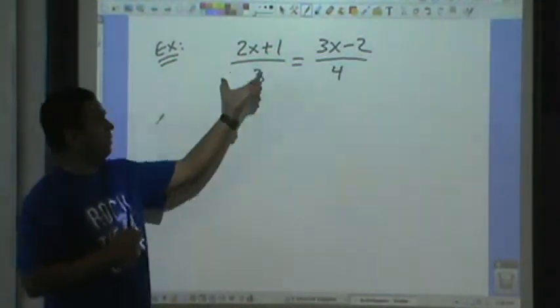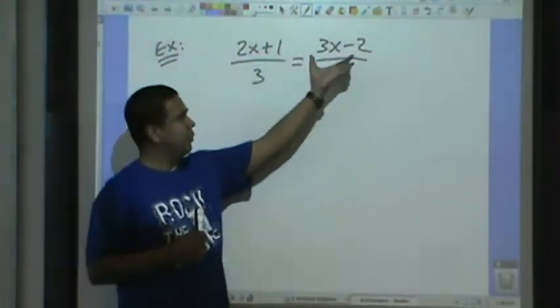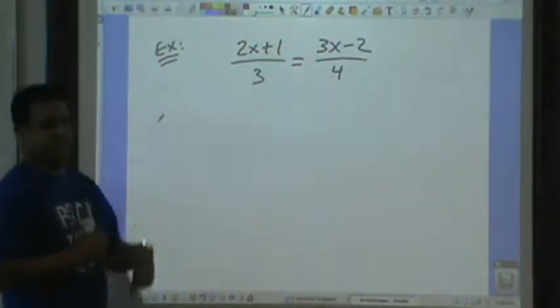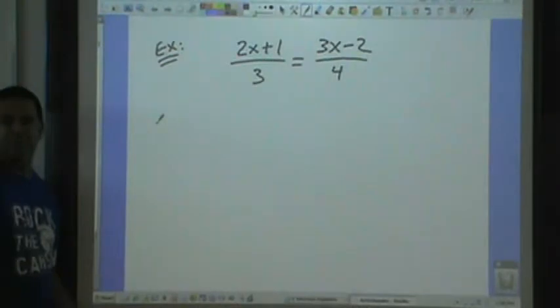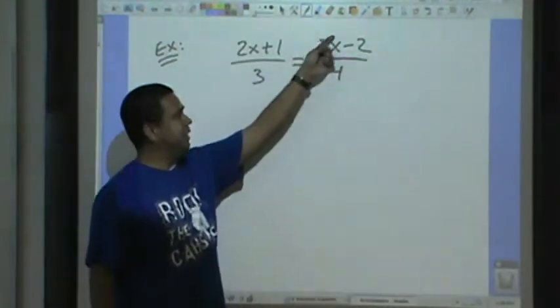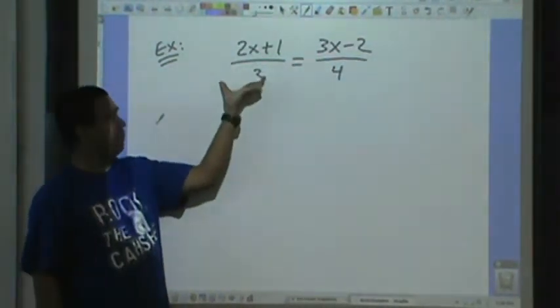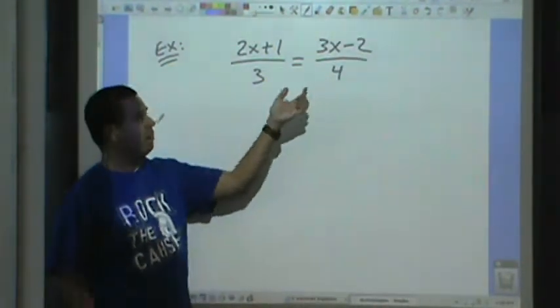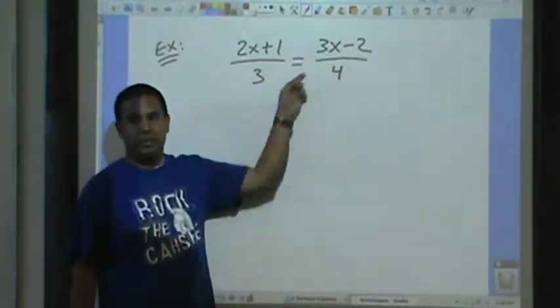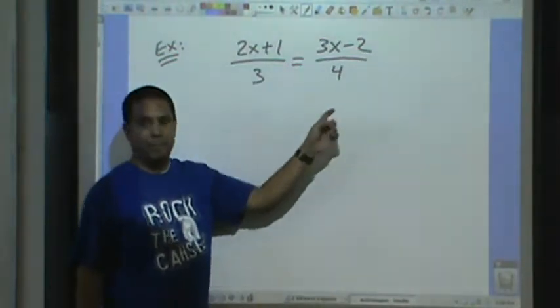Okay, so we have a quantity like this on both fractions. What do you think we're going to do? We still cross multiply, because it's still a fraction equals a fraction. Whenever you have a fraction equals a fraction, you cross multiply.